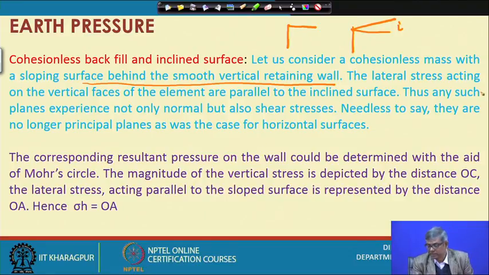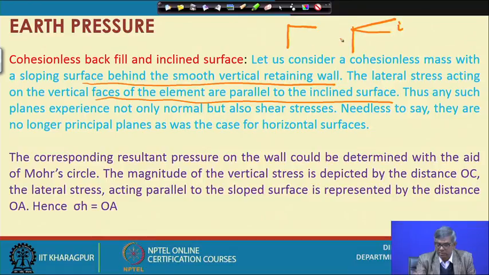The lateral stresses acting on the vertical face of the element are parallel to the inclined surface. That means if I consider the element at any point, the direction of the pressure will always be parallel to the inclined surface.